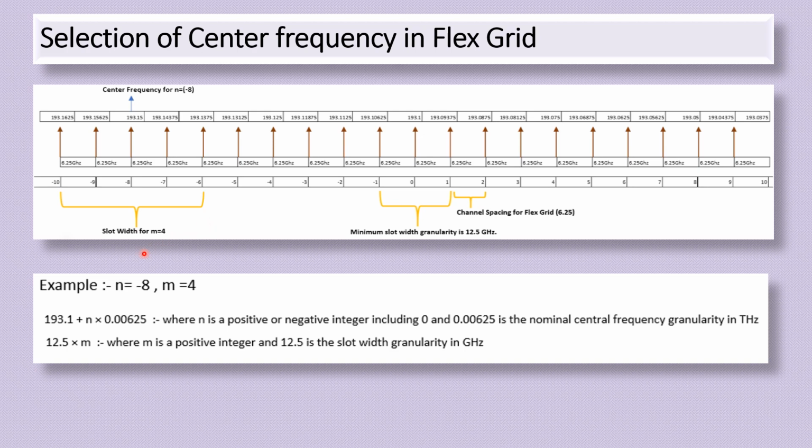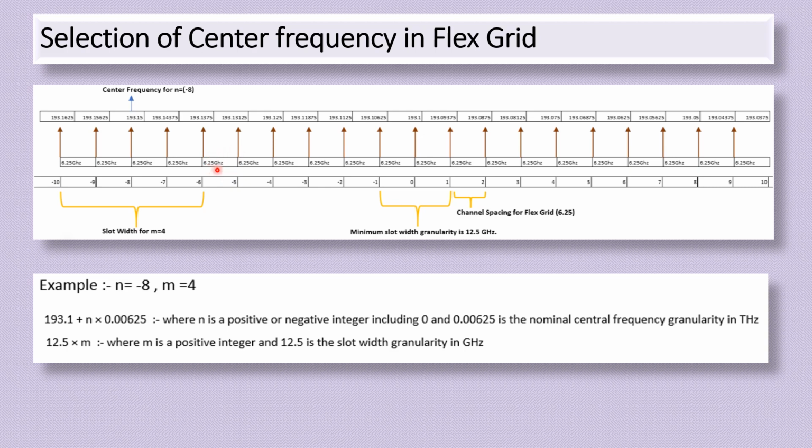So if we use n is equal to -8 and m is equal to 4, then we cannot select the frequency values for -6, -7, -8, -9 and -10. We cannot select these frequencies. So the next available frequency is -5, and if we choose m is equal to 1, because only 6.25 gigahertz channel spacing is available here.